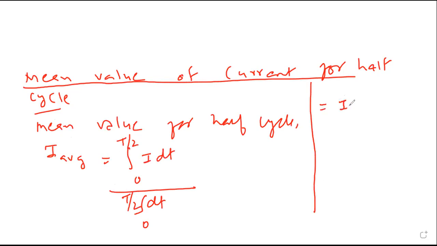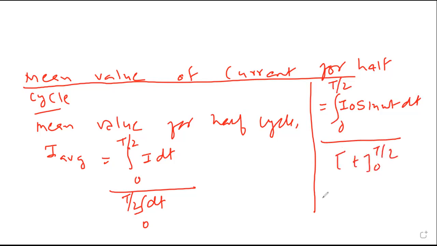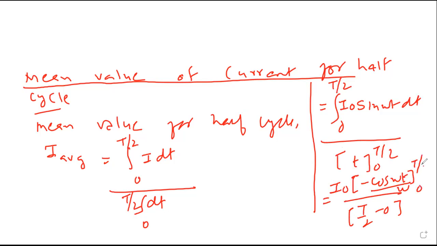That is I naught sine omega t dt from 0 to T by 2 divided by dt is T from 0 to T by 2. So this will become T by 2 minus 0. This one is I naught, minus cos omega t upon omega from 0 to T by 2. Copy this much.